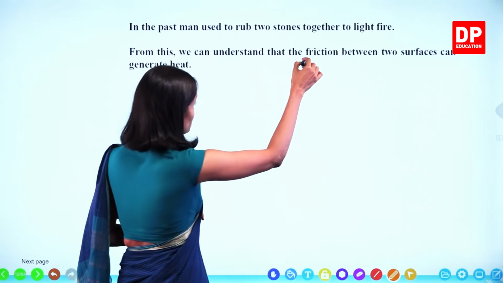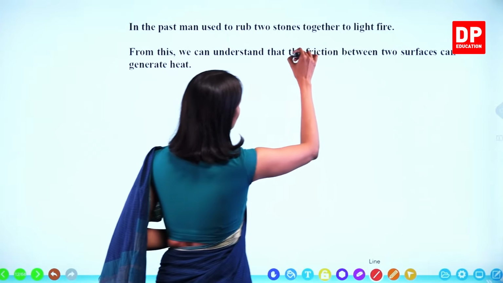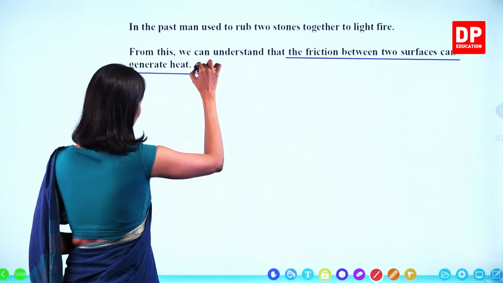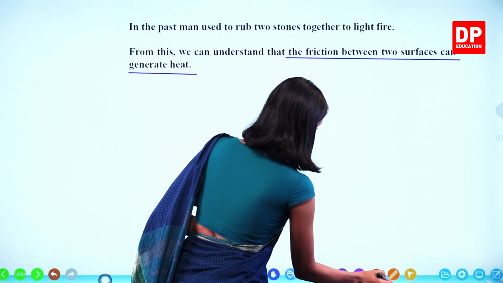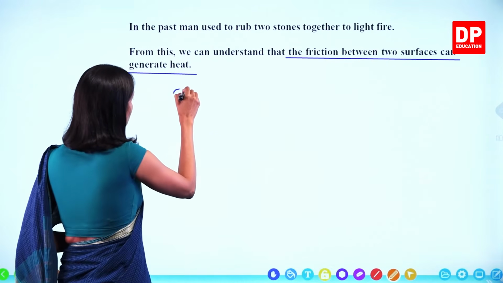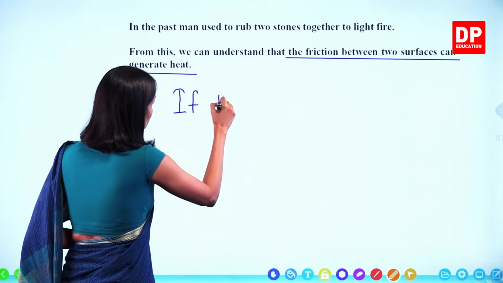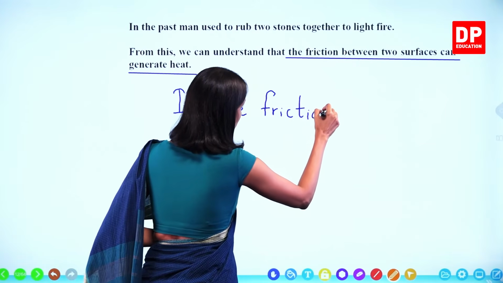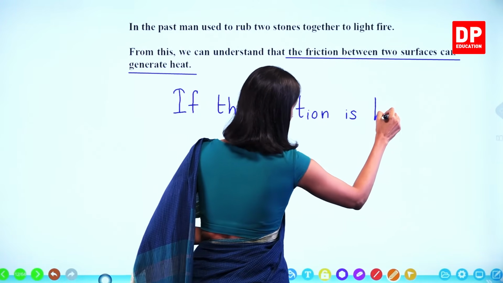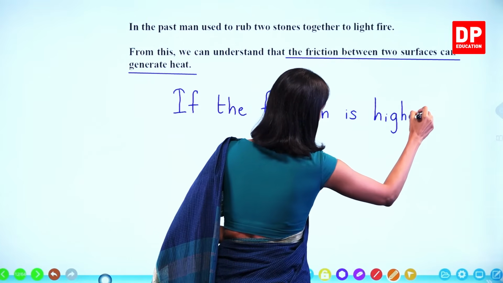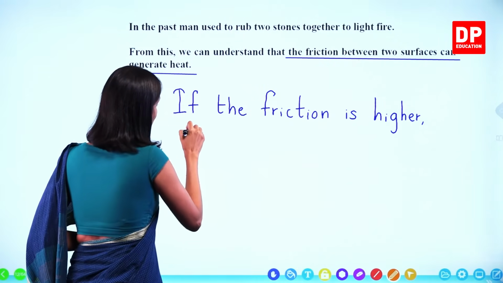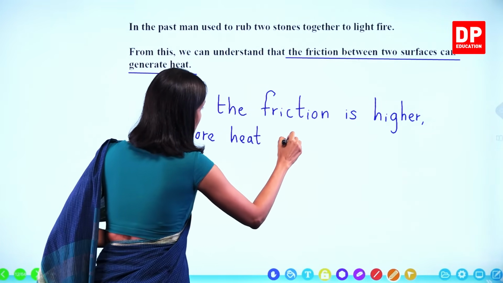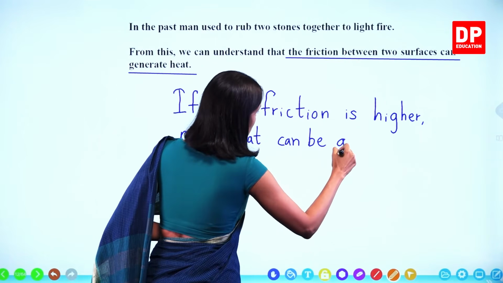Right? So we'll underline this. The friction between two surfaces can generate heat. Right, children? So we'll write: if the friction is higher, more heat can be generated.